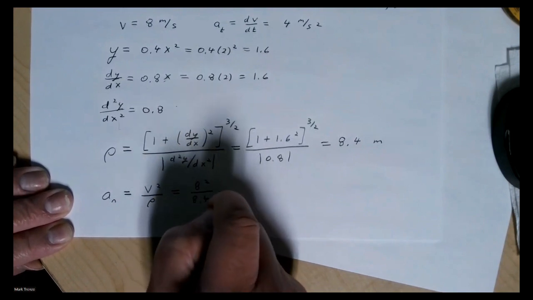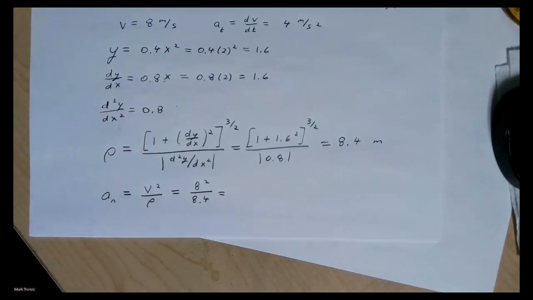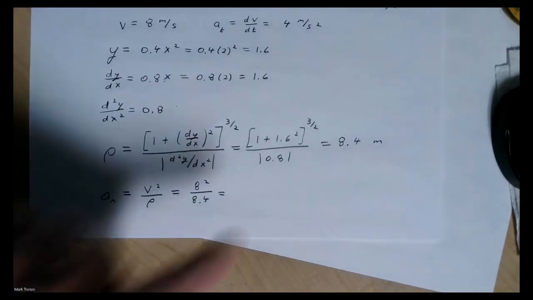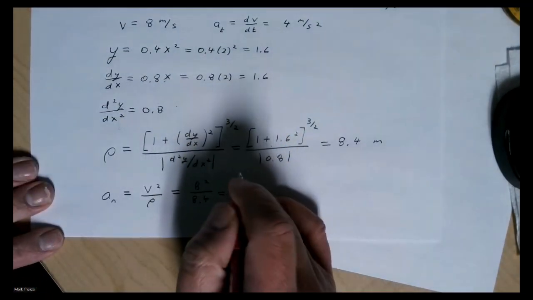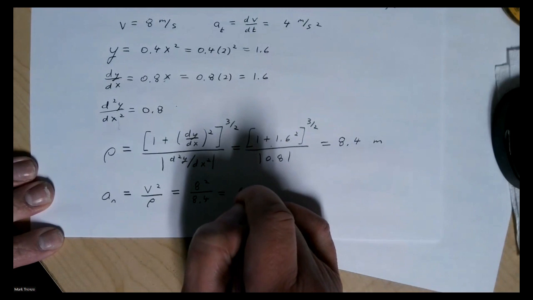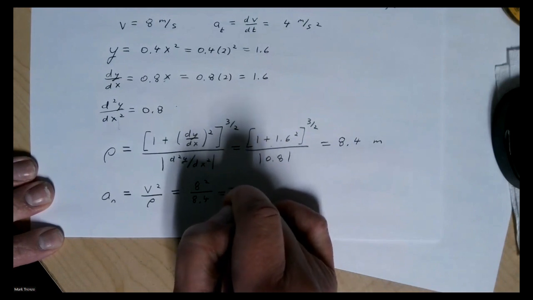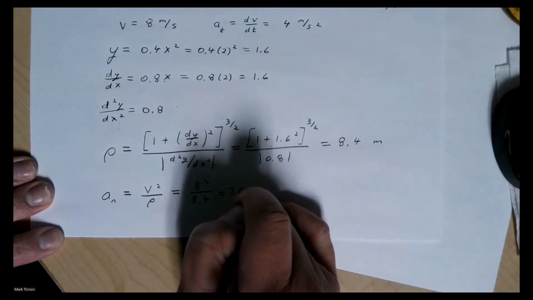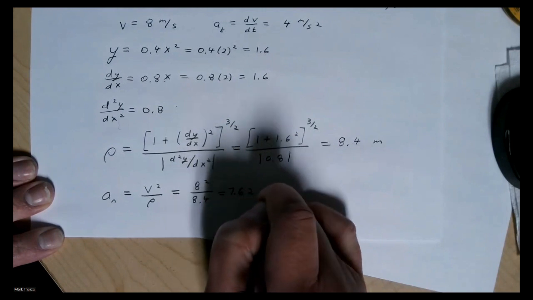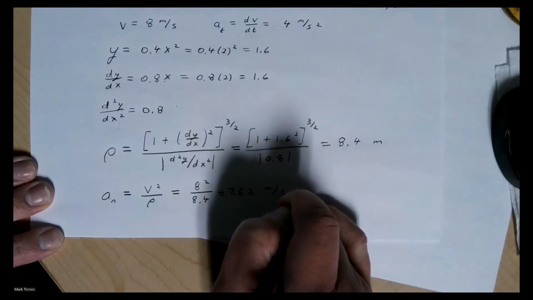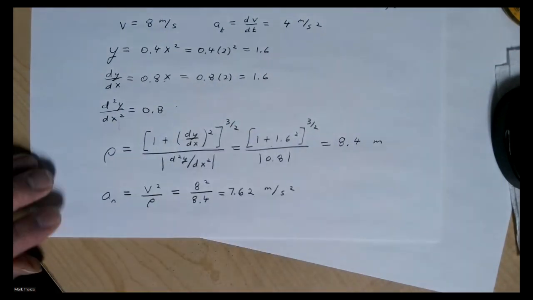And divide this by 8.4. It's around 7.62. I've rounded things a bit here, so 7.62 meters per second squared.